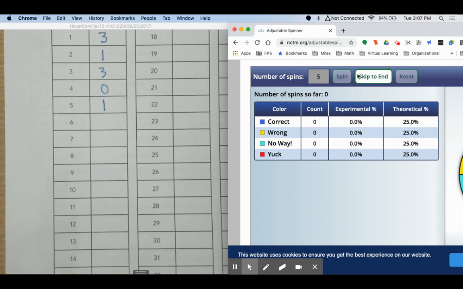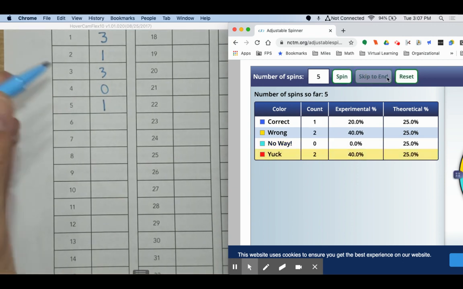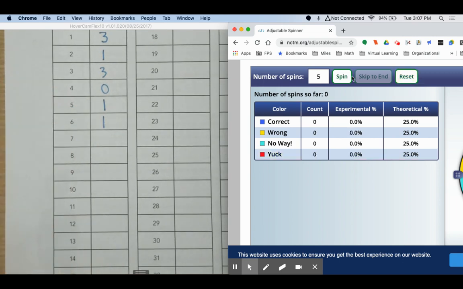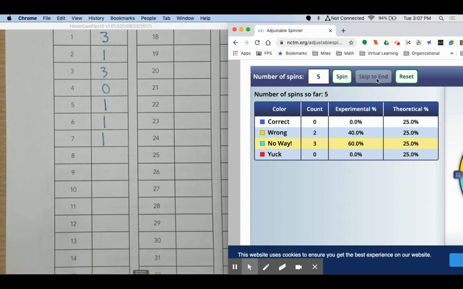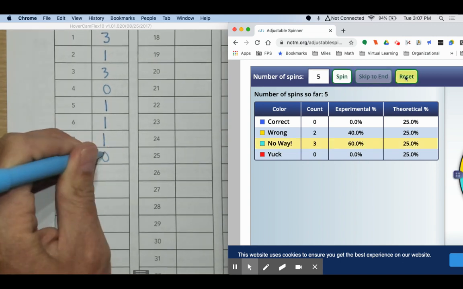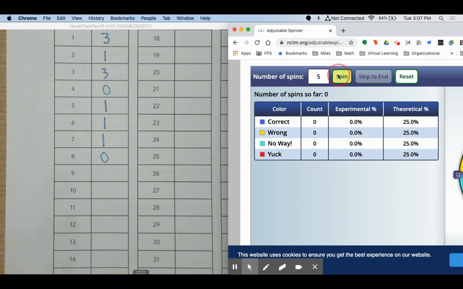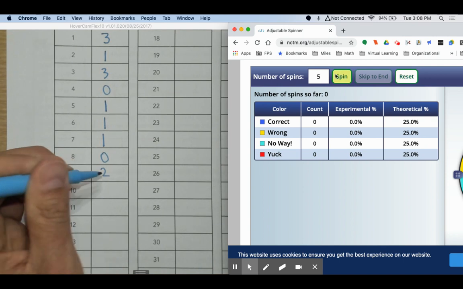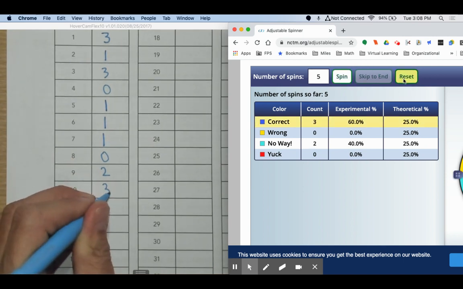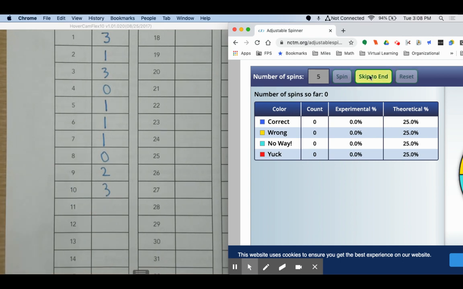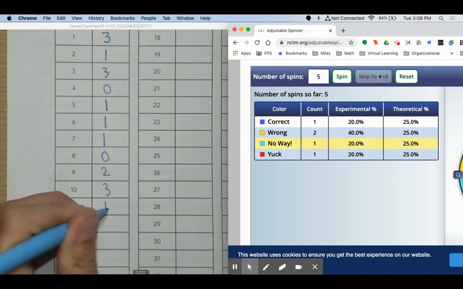Reset, spin, skip to the end. 1. Reset, spin, skip to the end. 1. Reset, spin, skip to the end. 0. Reset, spin, skip to the end. 2. Reset, spin, skip to the end. 3. Reset, spin, skip to the end. 1.